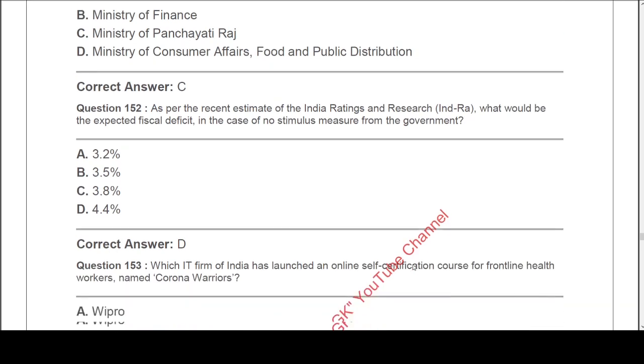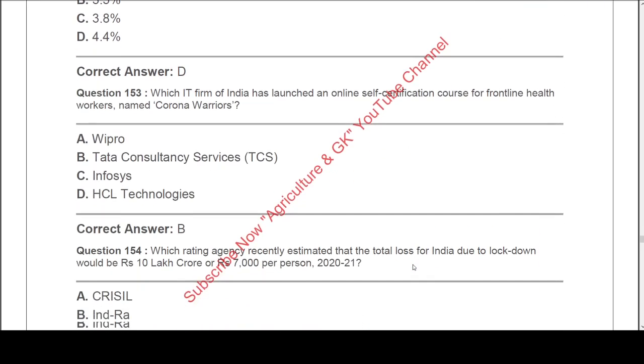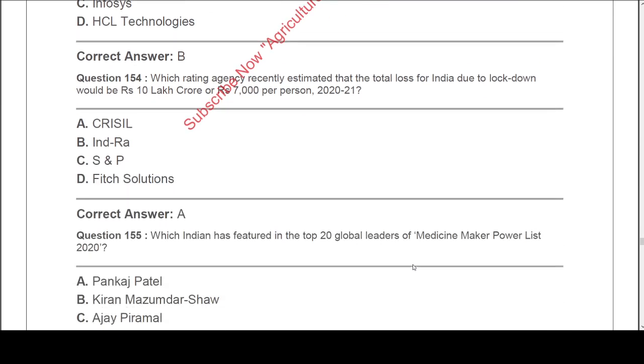It is 4.4%, option D. Which IT firm of India has launched an online self-certificate course for frontline health workers named Corona Warriors? It is option B, Tata Consultancy Services. Which rating agency recently estimated that total loss for India due to the lockdown would be rupees 10 lakh crores, or almost 7,000 per person in 2021? It is option A, CRISIL.